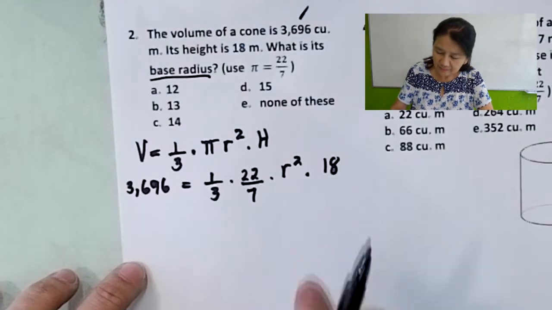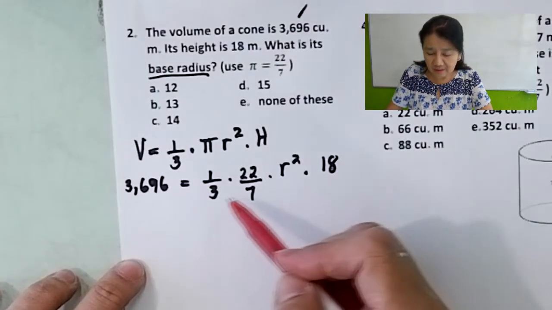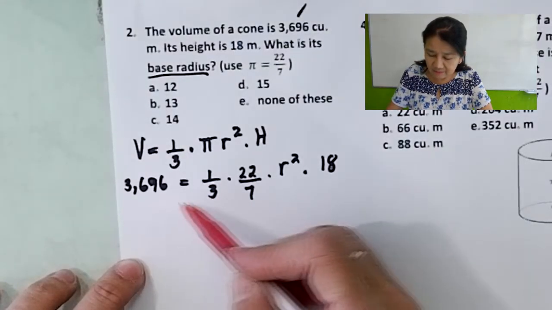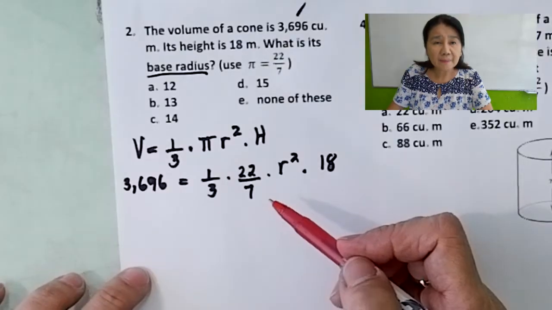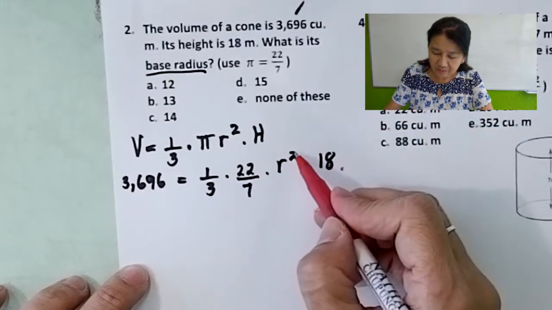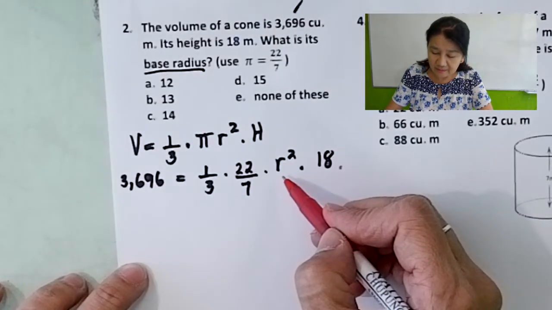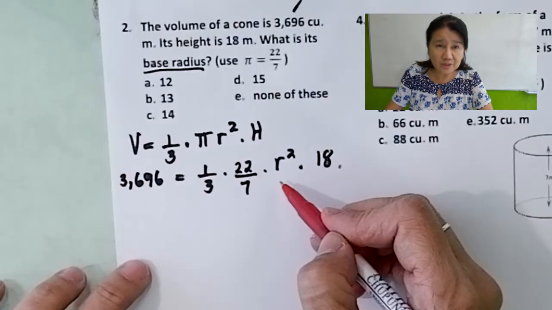Now, if you're given a complicated equation like this, at your age, I would highly suggest that you leave the r squared alone by applying the multiplicative inverse property.